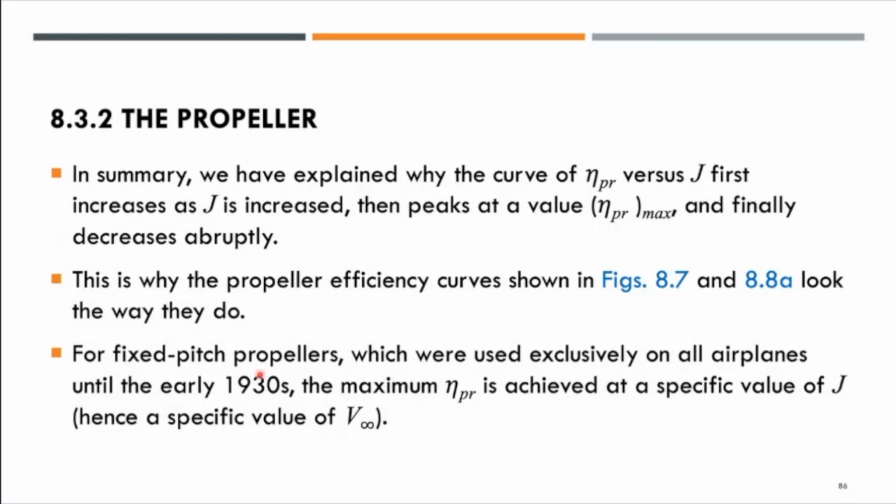For a fixed-pitch propeller, which was used exclusively on all airplanes until the early 1930s, the maximum propeller efficiency is achieved at a specific value of J, hence also a specific value of V infinity.